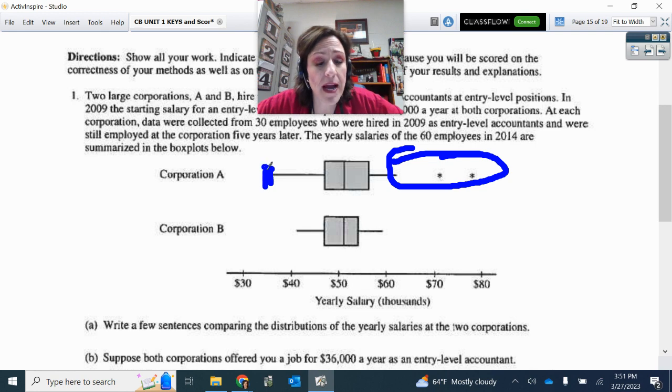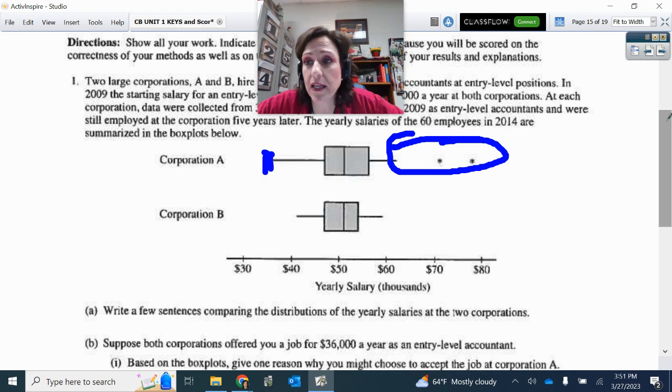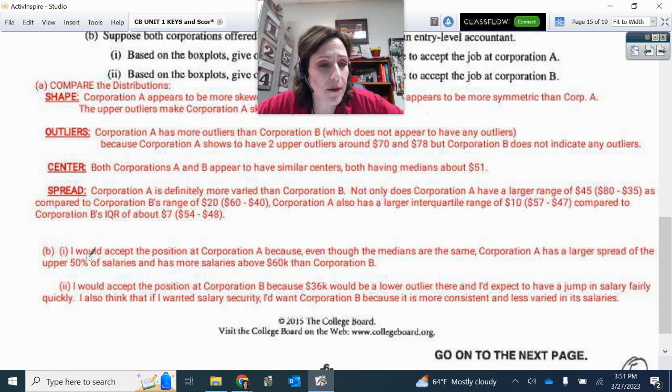You might say something like, let's see what I put. I would accept that at Corporation A because even though the medians are the same, Corporation A has a larger spread and so more salaries above $60,000 than Corporation B. And then here's a possibility of how to accept Corporation B because 36,000 would be a lower outlier.